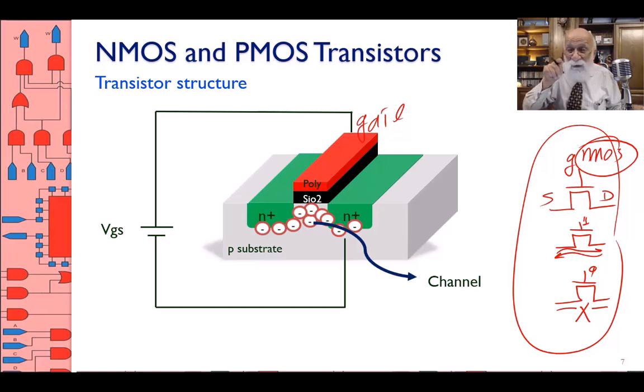When they are not conducting, in this case the NMOS transistor, there are very few electrons between the source and the drain. And therefore, when it's not conducting, it's not exactly not conducting. It has a very large resistance, or we call it an open gate.